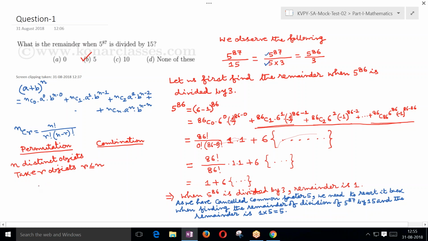Now if you need to make a permutation, that means arrangement. Permutation is related to arrangement, and combination is related to selection.